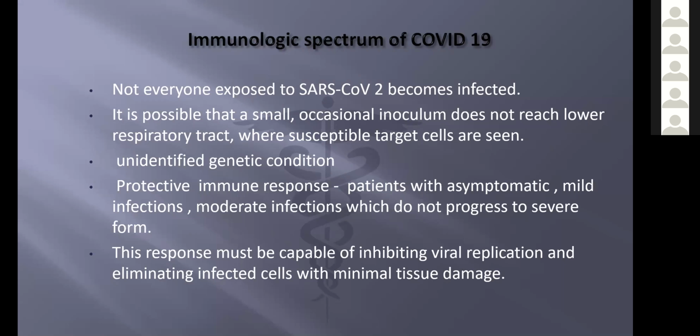But anyway, there must be a protective immune response in patients who are asymptomatic or have mild infections, and in those who have moderate infections which do not progress to severe form. This response must be capable of inhibiting viral replication and eliminating the infected cells with minimal tissue damage.